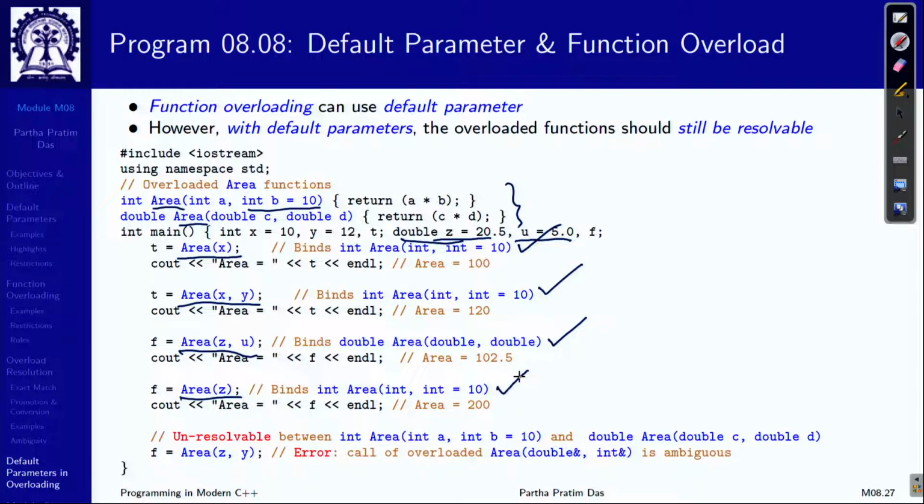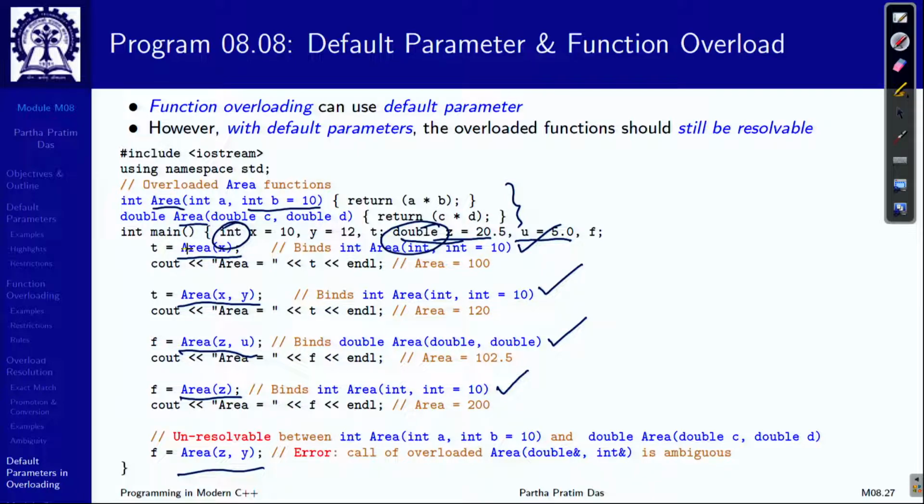Okay. Now, suppose if you call it with area Z y, where Z is double and y is int, double and int. 2 parameters, so both of them are viable. And you see, if you want to find the exact match in the first, then the first parameter needs a conversion, second parameter is an exact match.